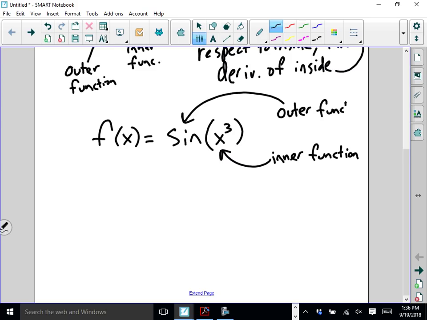So our inner function here is x cubed. Our outer function here is sine x. So sine is our outer function, x cubed is our inner function.